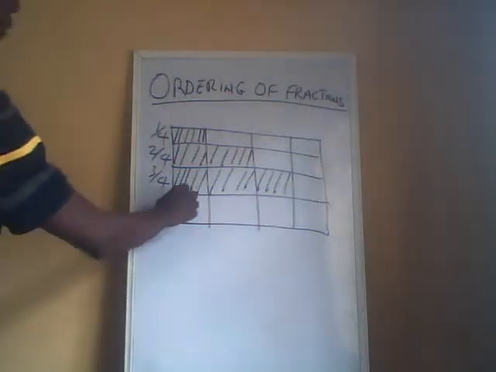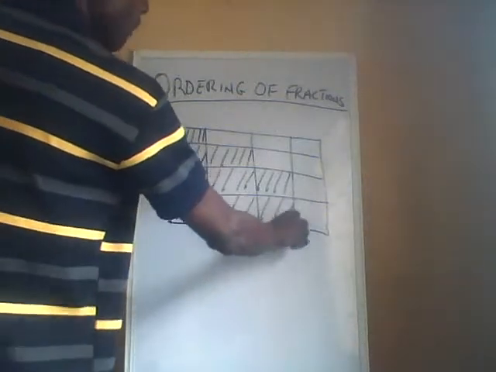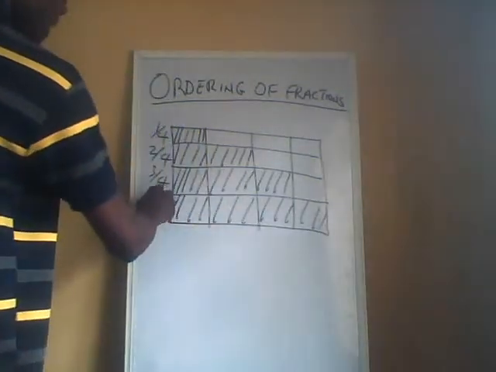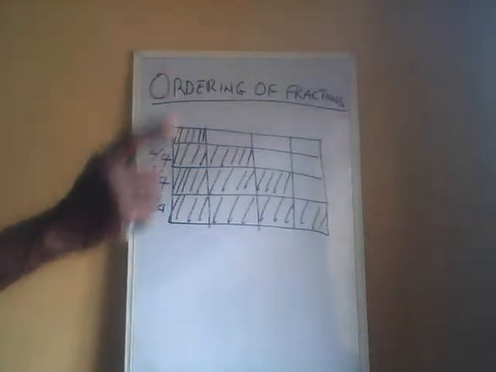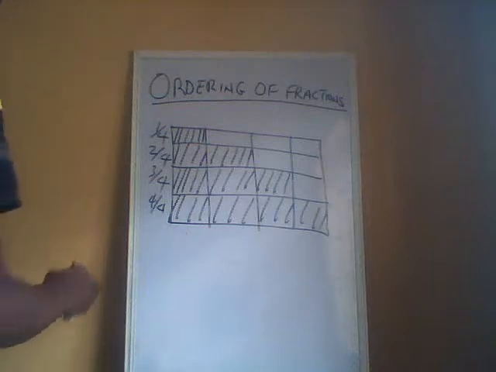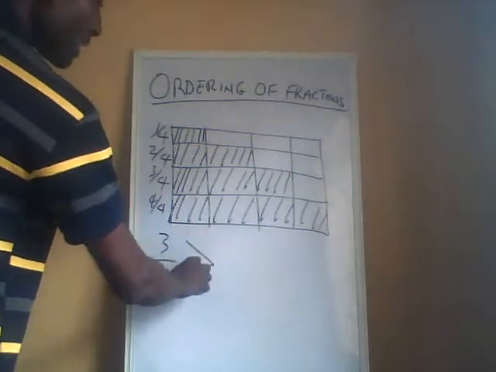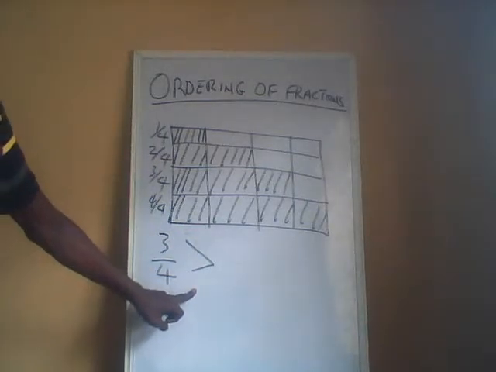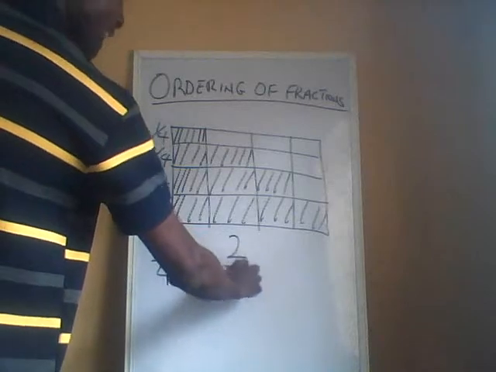Then if someone should come and shade the entire 4 boxes, this is 4 out of 4. And you know that 4 out of 4 is one whole. So that means, what are we saying here? That 3 out of 4 is bigger, and don't forget this sign is the greater than sign, bigger than 2 out of 4.